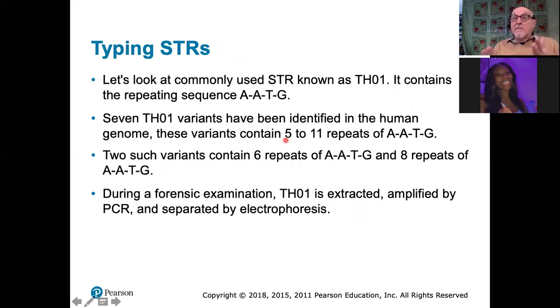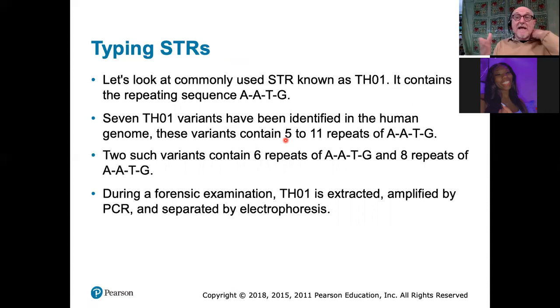Everybody has the TH01 site. It's just that different people have a different number of repeats, and it's usually between 5 and 11. And you can inherit a different one from your mother and from your father.